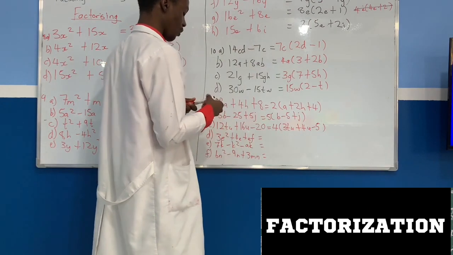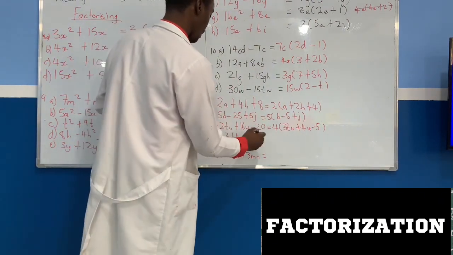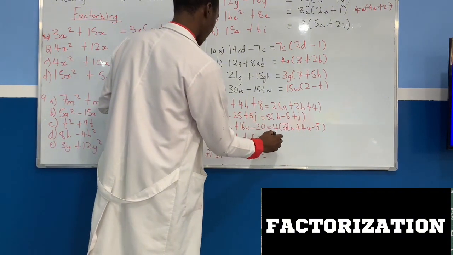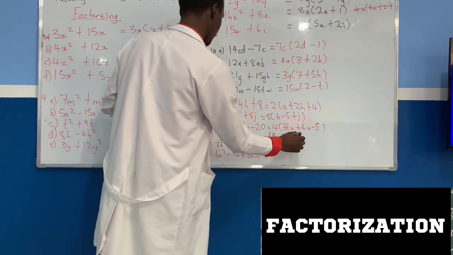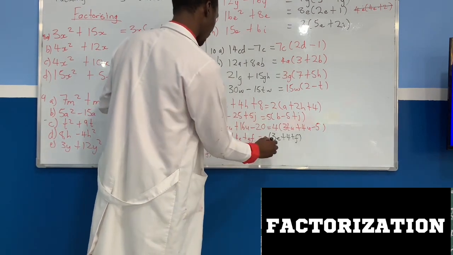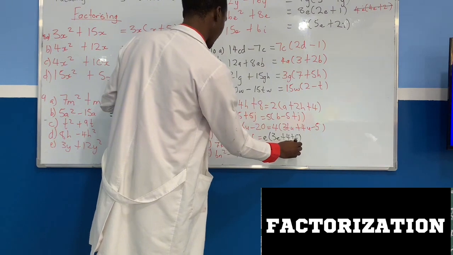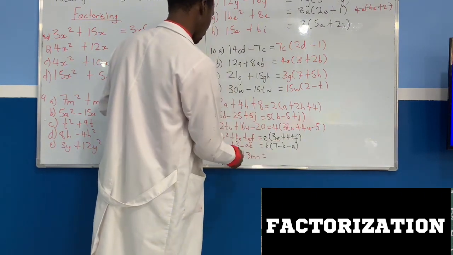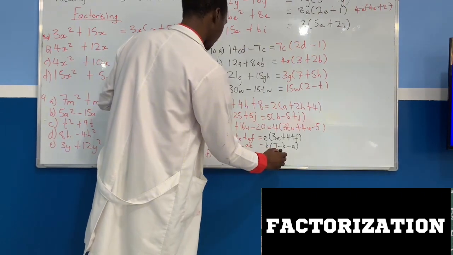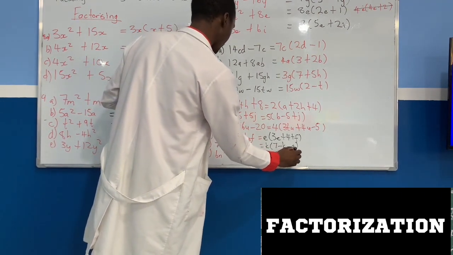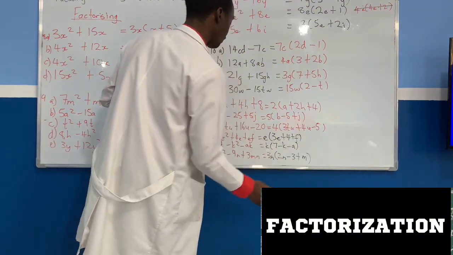D, the common factor was e, bracket 3e plus 4 plus f. For E, the common factor was k, bracket 7 minus k minus a. Then F, common factor here was 3n, bracket 2n minus 3 plus n. Right.